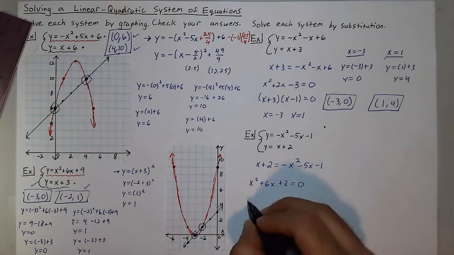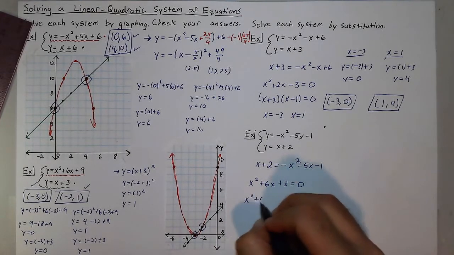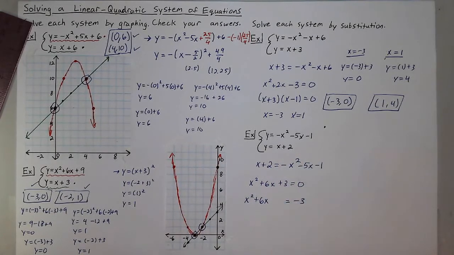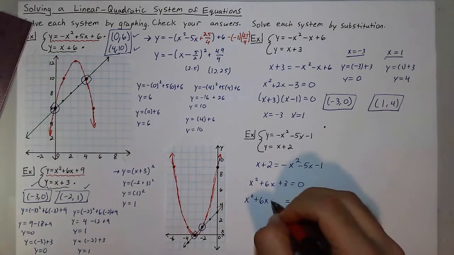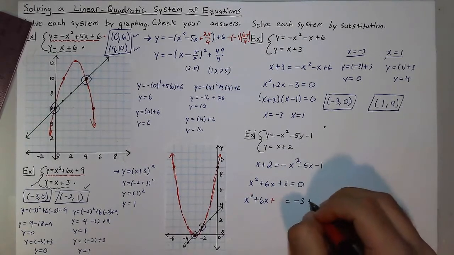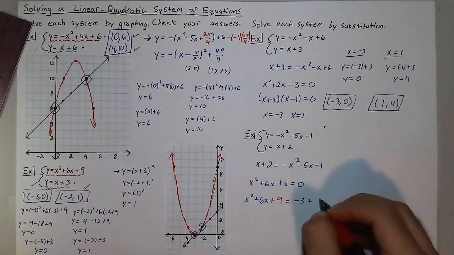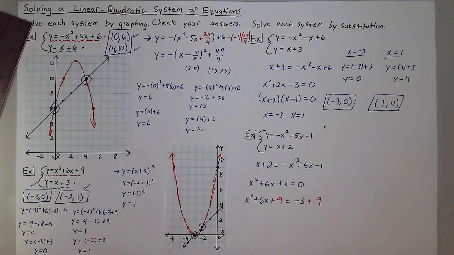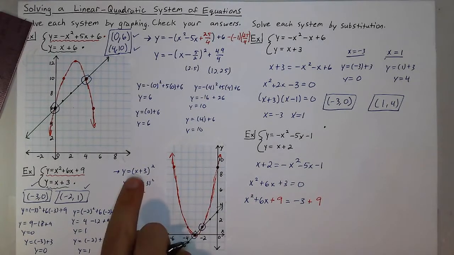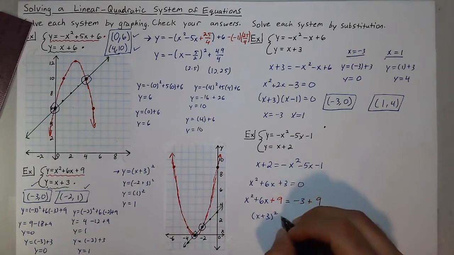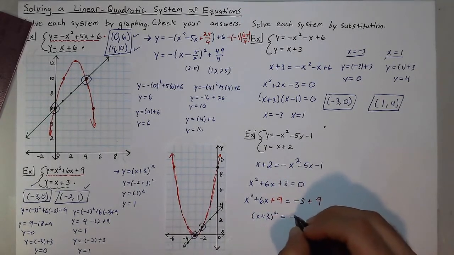So first I'll subtract 3. And it's already in that x squared plus bx mode. And now I just need to find what number I need to add to each side in order to create a perfect square trinomial on my left side of the equation. So half of 6 is 3, squared is 9, so add 9 to each side. And that perfect square trinomial, which we just talked about earlier, factors into x plus 3 squared, which is going to be equal to 6.